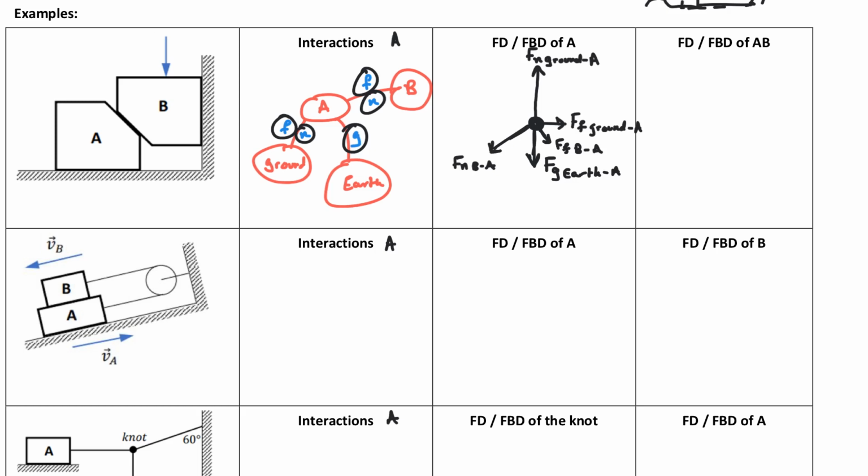Now, let's do a force diagram on AB as well. So AB would mean that we are taking this whole thing to be our system. So this is our system now. So now we don't care about any of the internal forces, so we don't care about this contact anymore.